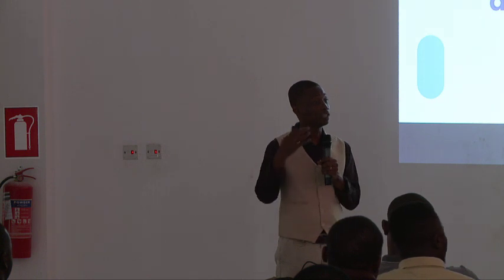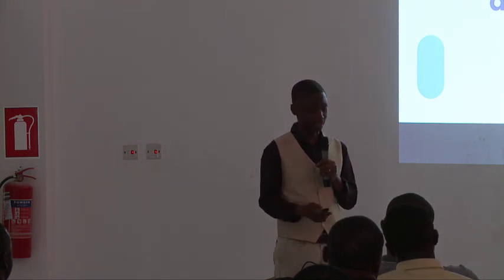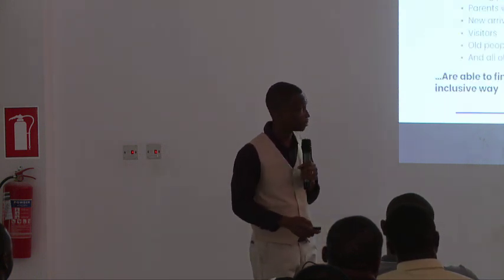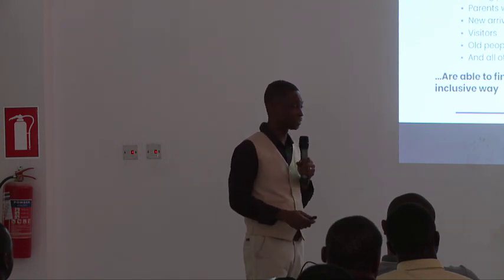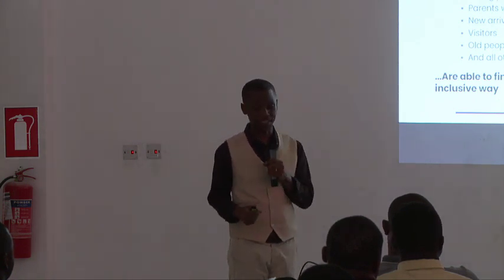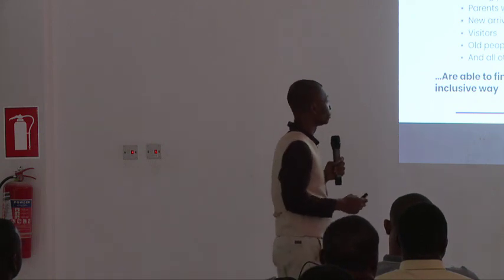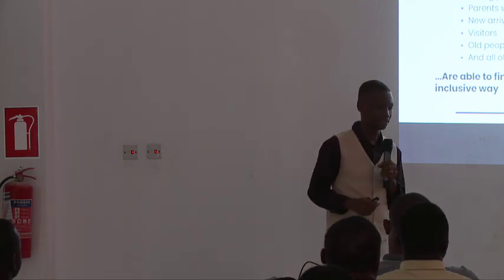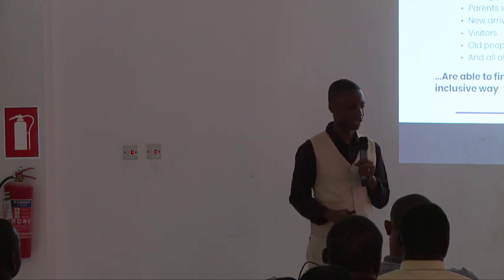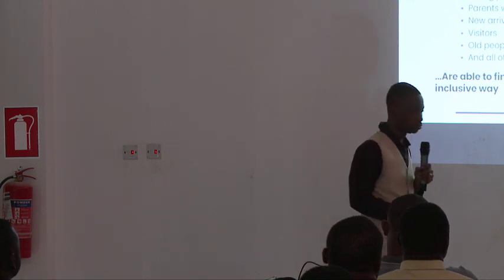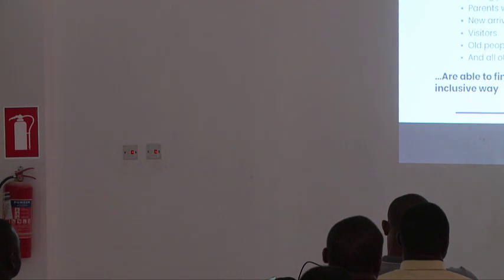If the environment is conducive for them, then they will not even recognize that they have that sort of impairment in terms of physical space. So the issue here is that we, as architects, are enjoined to make sure that children, young people, older people, everybody else is able to find their way, enjoy what the city offers, and do it in an inclusive way.